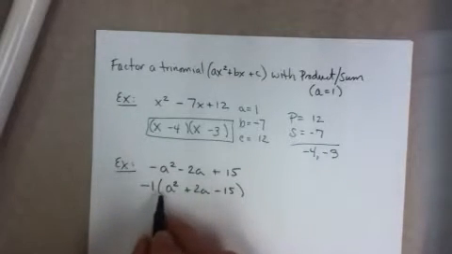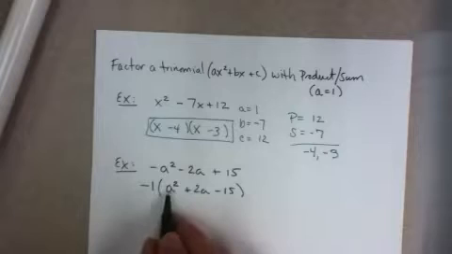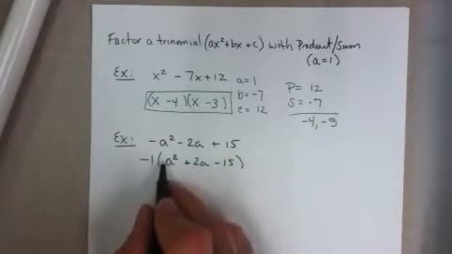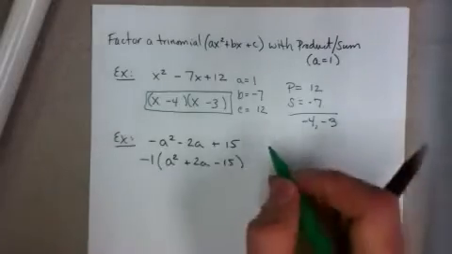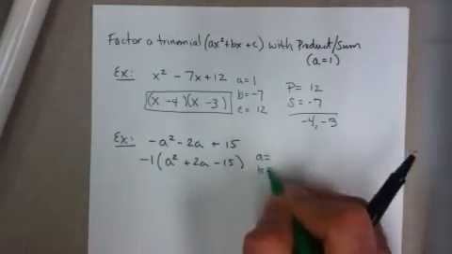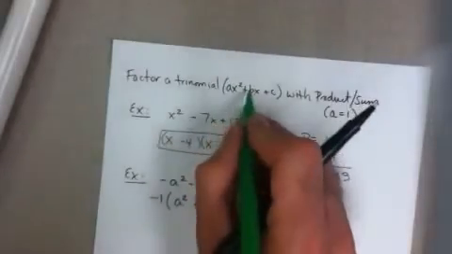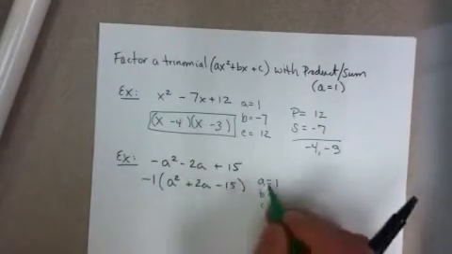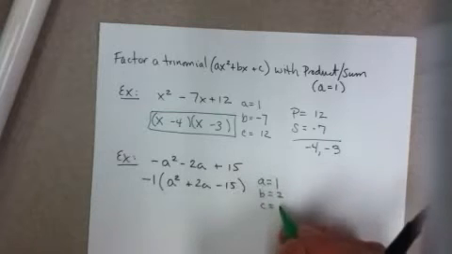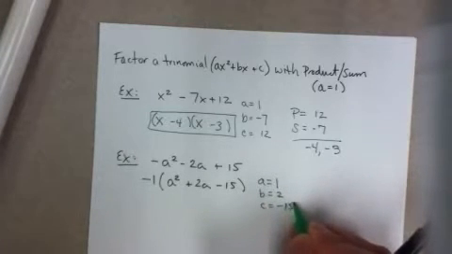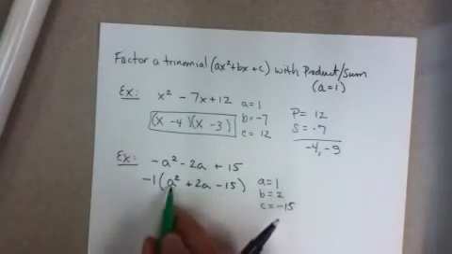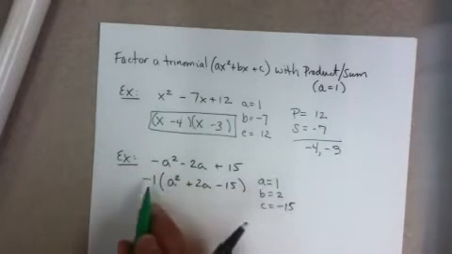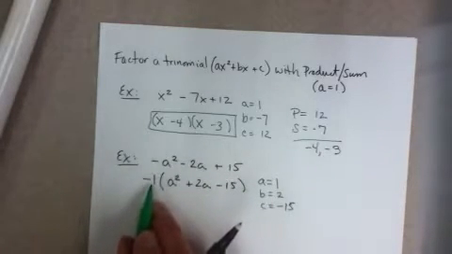So factoring a negative out changes all the signs, and now inside the parentheses, we do have a trinomial whose leading coefficient is 1. And so if we break out the a, b, and c values, referring to the a, b, and c up in this form, the leading coefficient is 1, the middle coefficient is positive 2, and the last one is -15. Okay, so again, I'm using the coefficients of this polynomial, not the original one. I've already factored out the -1.